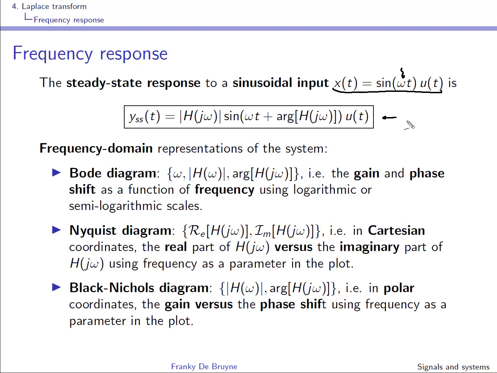And you can see that the steady state response, steady state means that all transients have disappeared, yields a sine at the same frequency omega over here, but that there is amplification and that there is a phase shift over here. Okay, and this amplification and this phase shift can be obtained from the transfer function when it is considered at s is equal to j omega, right?